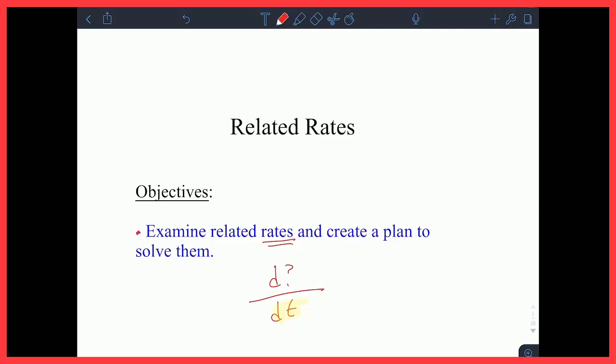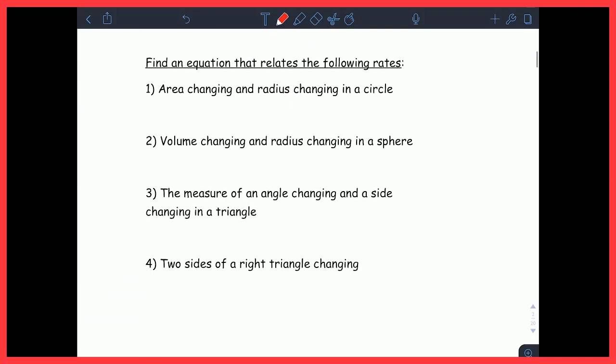Let's go ahead and get started with a couple of examples of what relating rates means. Relating rates means to take two rates and create one equation from mathematics that contains both of those rates. So we'll start off with an easy one. Number one says the area of a circle is changing and the radius of a circle is changing. So these are two rates of change.